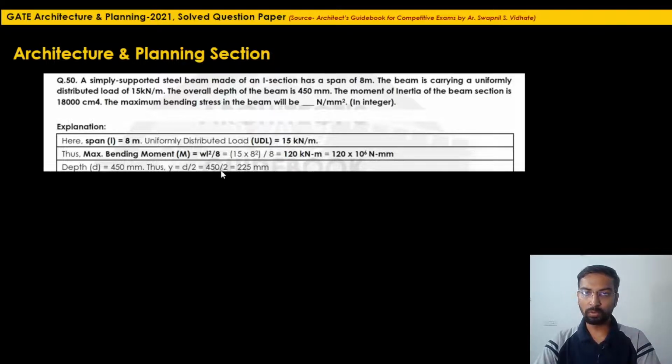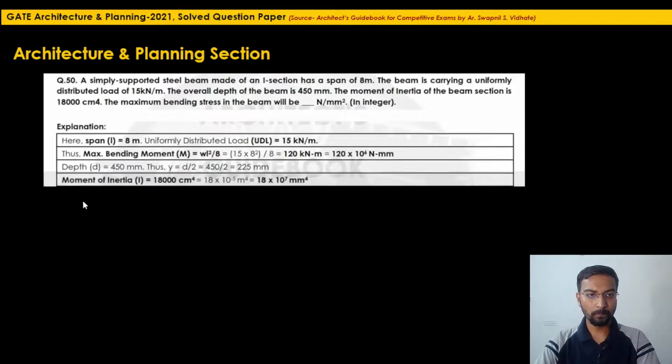So it will be 450 by 2, so it will be 225 mm. Now moment of inertia I they have mentioned as 18,000 centimeter raised to 4. So again we will convert this into mm. So it will be 18 into 10 raised to minus 5 meter raised to 4, which is equal to 18 into 10 raised to 7 mm raised to 4.